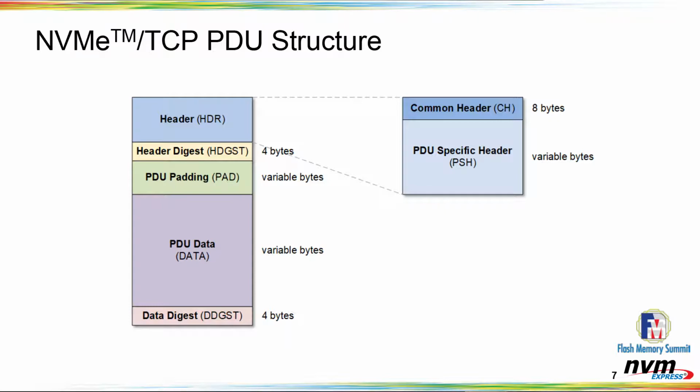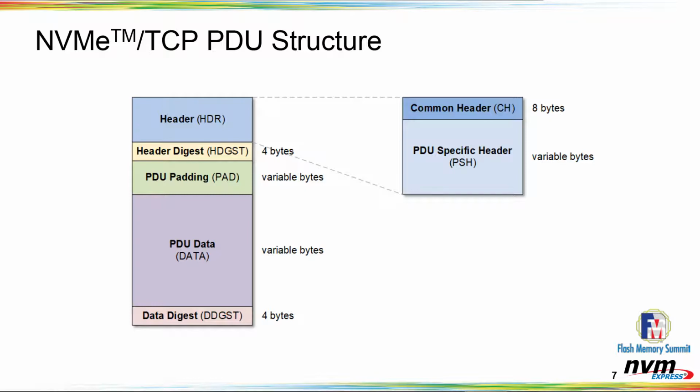We have, first of all, the header, which is split into a common header that says which type of payload we have within the PDU itself. And then we have a PDU-specific header, which can contain, for example, the NVMe over Fabrics command capsule or the response capsule, or it can have some metadata or a header that's specifically designed to describe the data payload itself.